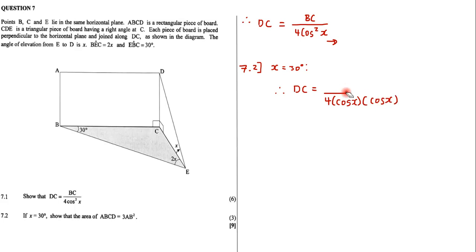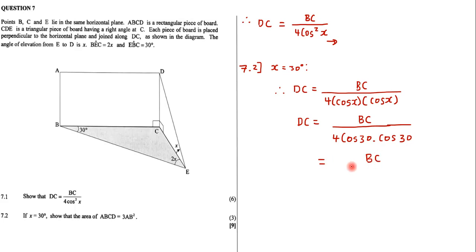I'm expanding it like that because I want to understand, if x is 30, what would my DC have been? So this would have been BC over 4 cos 30 times cos 30. Now I want to understand the value for cos 30. So cos 30 is square root 3 over 2 times square root 3 over 2.